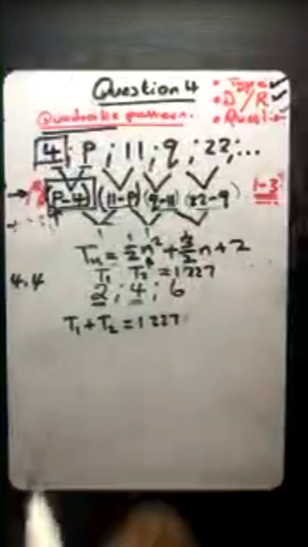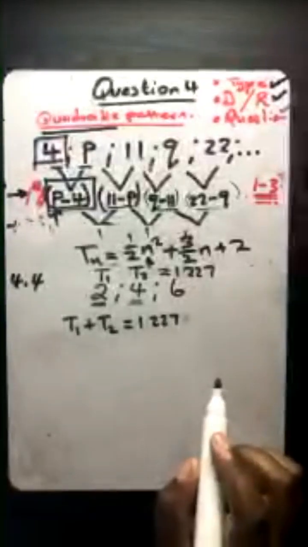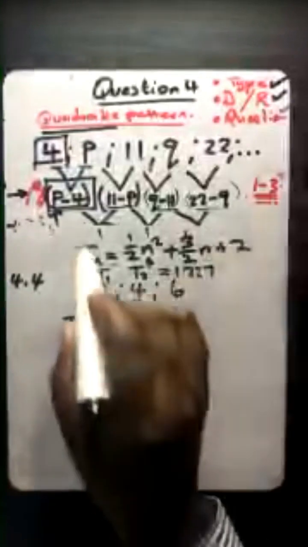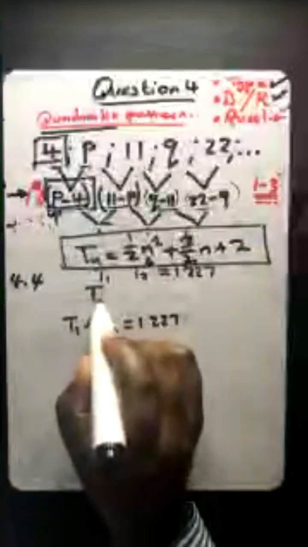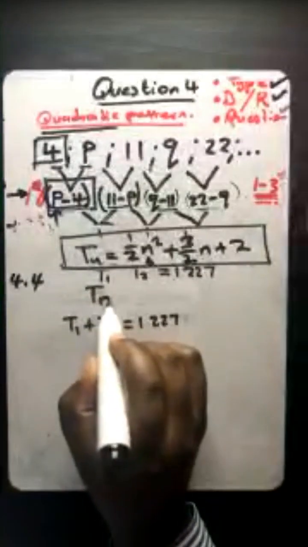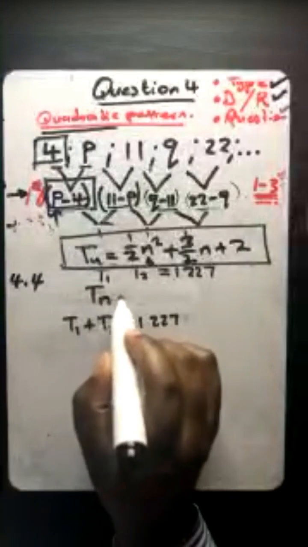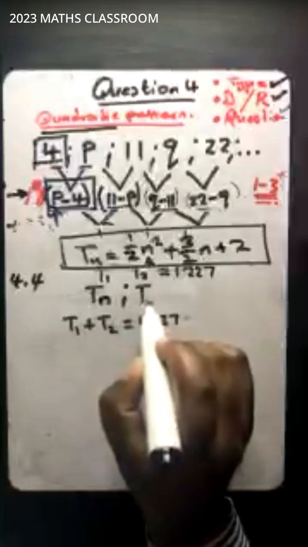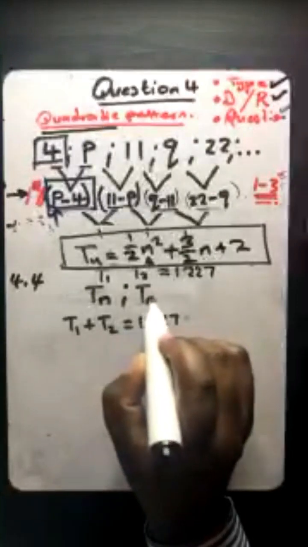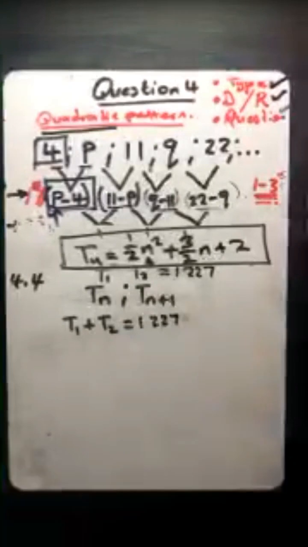But I think I'm noticing something, guys. Remember, we are still dealing with that number pattern, and we already have the general formula. So let's say we don't know what term number it is. Let's call it term Tn. You guys agree that the next term is just term number n plus 1.